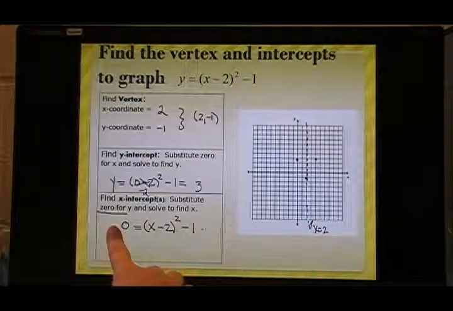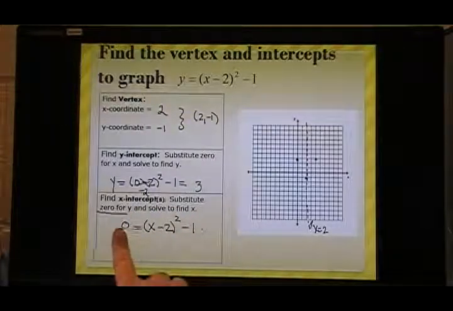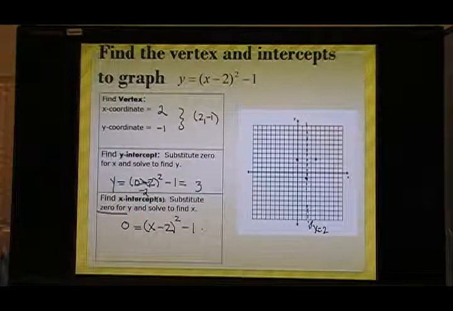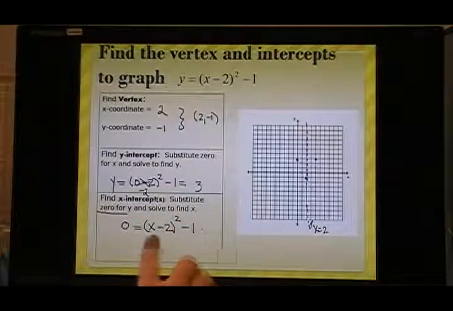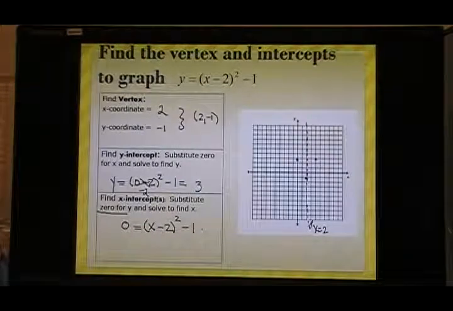From what we were talking about in the early part of this chapter, when we have an equation in the form something squared equals a number, they're very easy to solve. So if I add the 1 to both sides of the equation, I have 1 equals x minus 2, quantity squared.